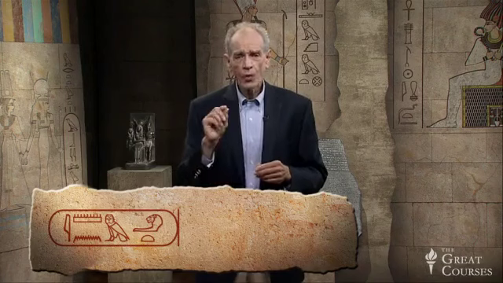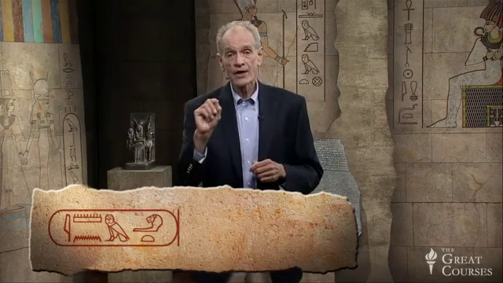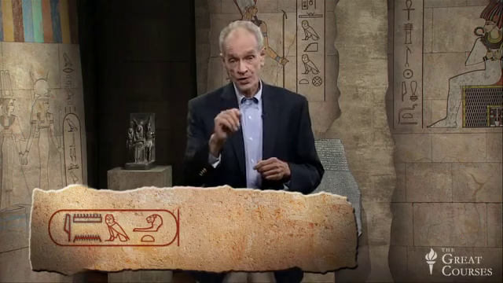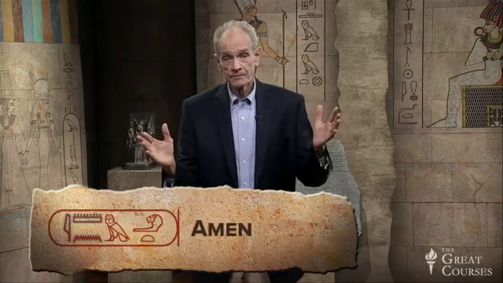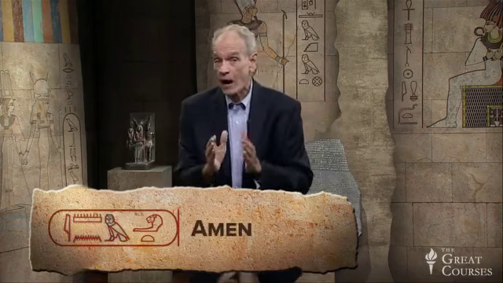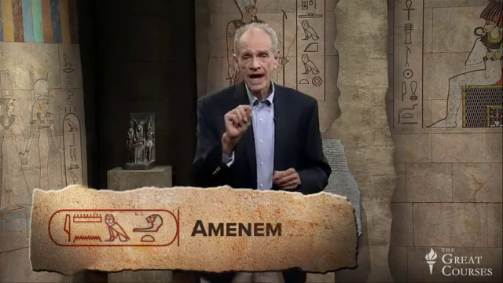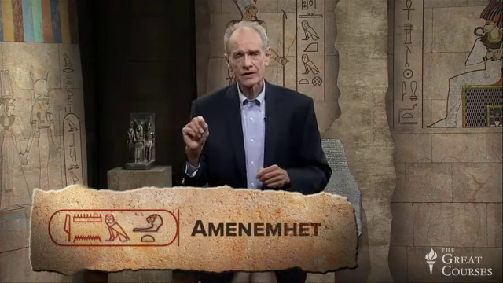Anyway, this is one name where we don't have to worry about honorific placement. The first part of the king's name was pronounced Amun. Next, we have the owl, which means in. Last, we have Het, which means front. It's the front of a lion. Amenemhet. Amun is in the forefront.